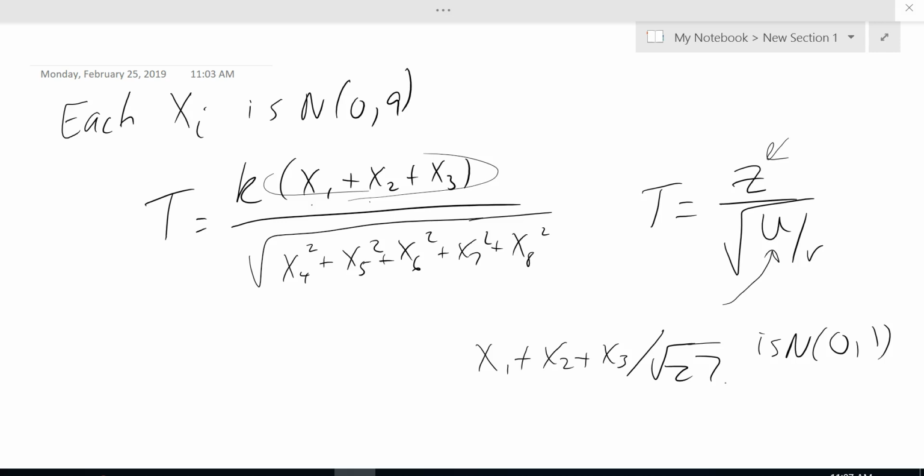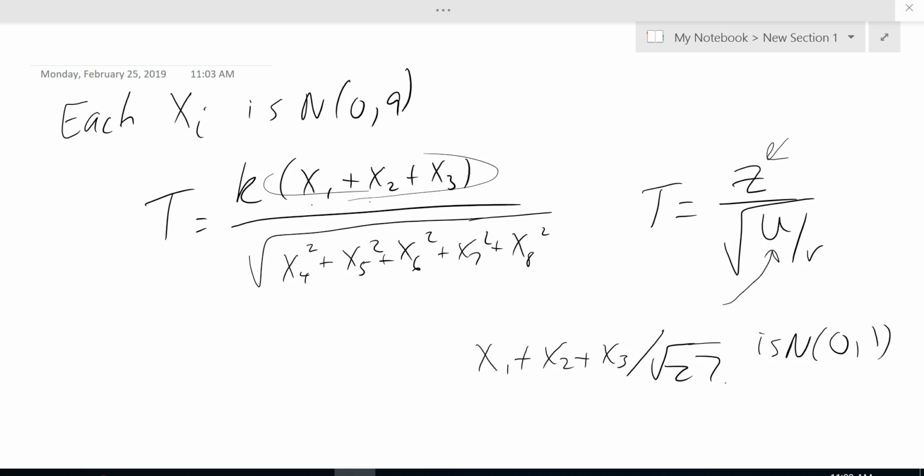All right, on bottom, same idea. You're going to think about the same idea, but remember, when we do chi squared, again, what distribution do you square to get a chi squared? A normal, but in particular, it has to be standard normal, right? So for each of these in here, for your x4, your x5, your x6, your x7, x8, I've got to standardize them first. They're not standardized, right?